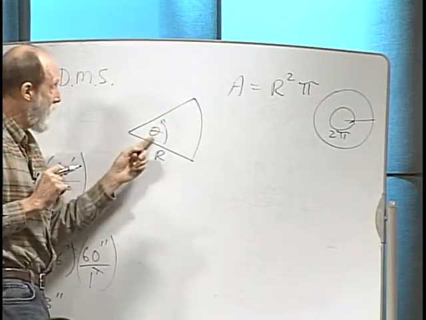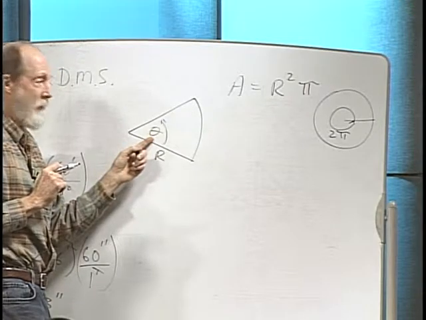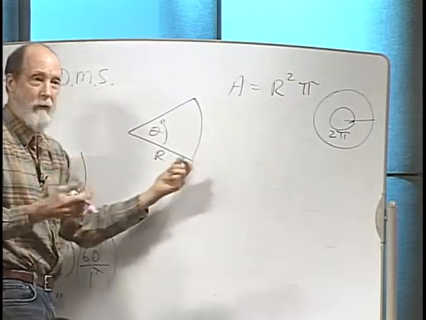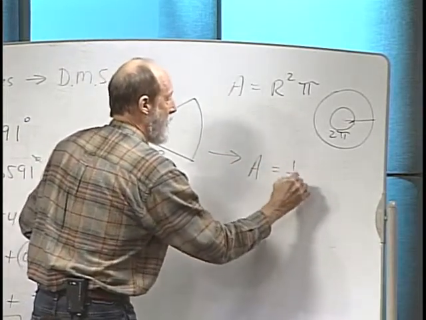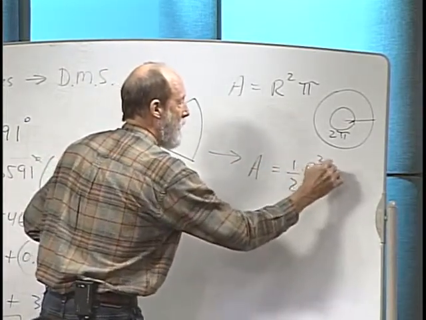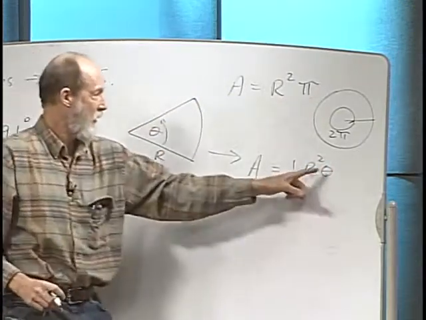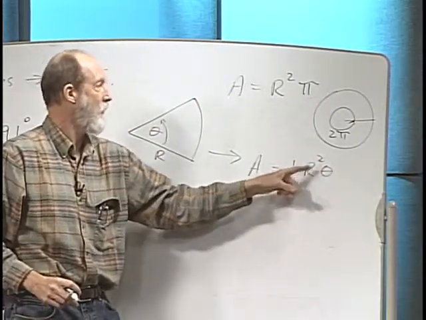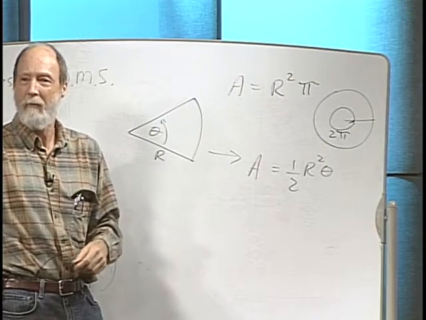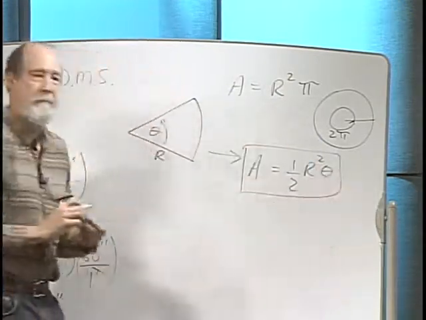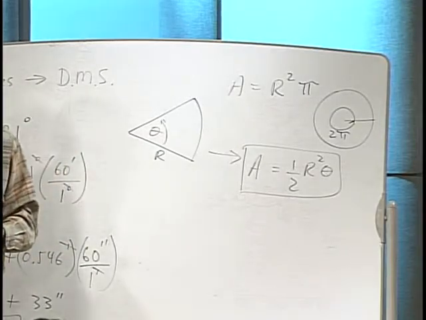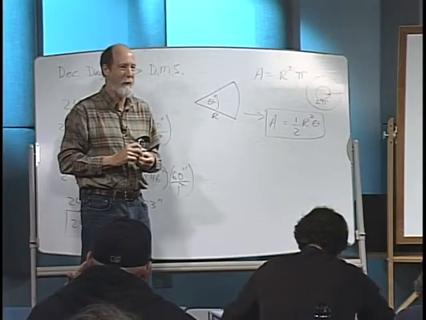then if I took half of that theta times r squared, I should have a formula for this thing. So the area of a sector of a circle is half of r squared theta. Theta over 2 times r squared. It's an easy way for you to remember this formula without you having to look in your notes or a book.